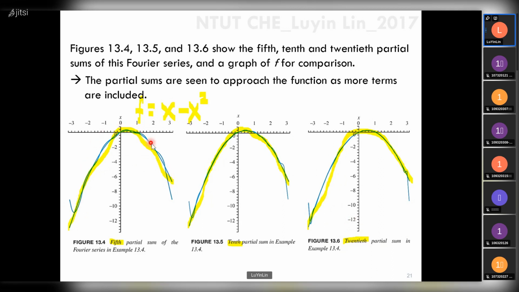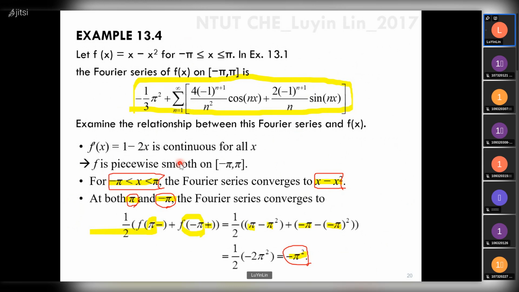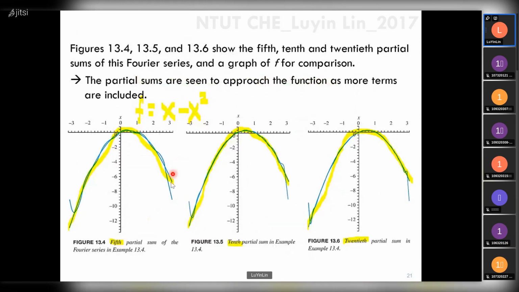So this kind of curve is obtained from your equation, from here. Just draw the curve using this with different numbers of terms: 5 terms, 10 terms, and 20 terms. You get a different curve, and comparing it to the original curve, it looks more alike when you use more terms.